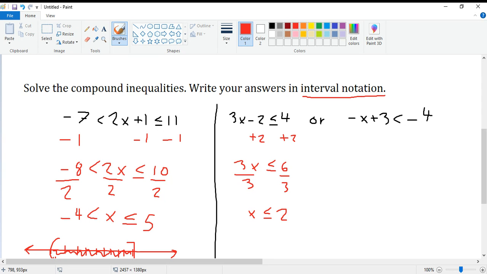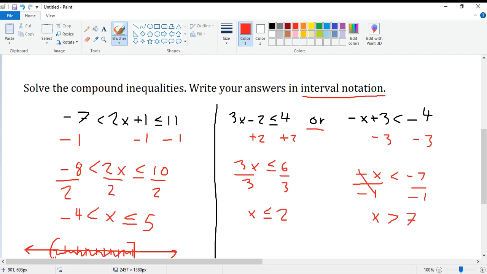For the second part, we're going to subtract 3 from both sides of the inequality. Divide both sides of the inequality by negative 1. Remember that when you divide both sides of an inequality by a negative number, you need to reverse your sign. So that ends up as x greater than 7.